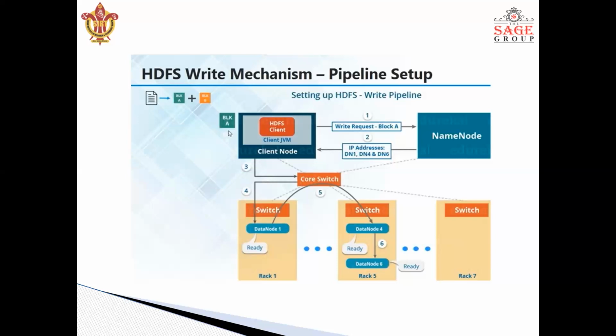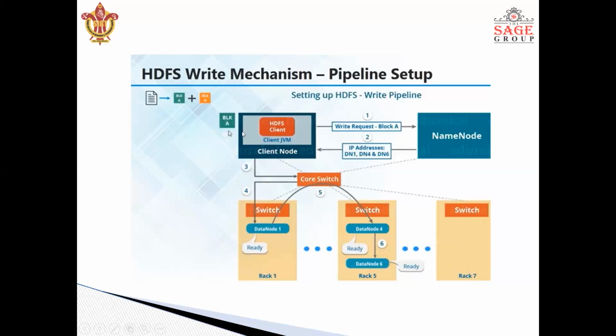In that case, when the client does not receive any confirmation, it goes back to the name node and says, hey, the data nodes whose IP addresses you gave are not working, so would you give me other IP addresses? The name node checks which data nodes are available at that time and gives the IP addresses to the client again. So now your pipeline is ready.